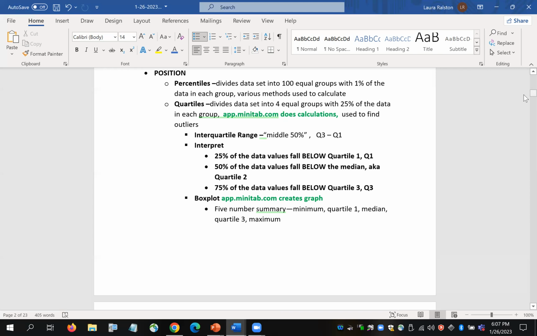Whether it's quartile 1, it's 25%, 50% is quartile 2 or the median, and 75% is quartile 3. Again, we can visualize those quartiles on a box plot, and the box plot includes the 5-number summary, which is the minimum, quartile 1, the median, quartile 3, and the maximum.